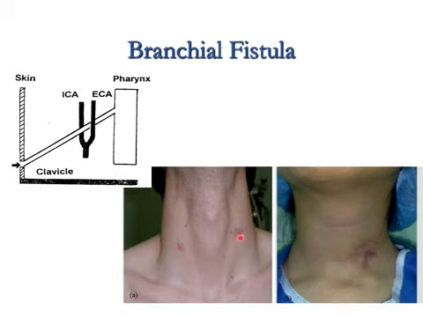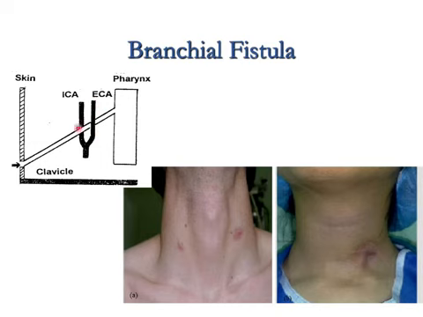If we go with the tract upwards, we will find it attached to the lateral wall of the pharynx. Characteristically, this tract will pass between the external carotid artery and the internal carotid artery. Why is this again? Because the external carotid artery is formed by the second branchial arch, so the external carotid artery will be superficial to the tract.